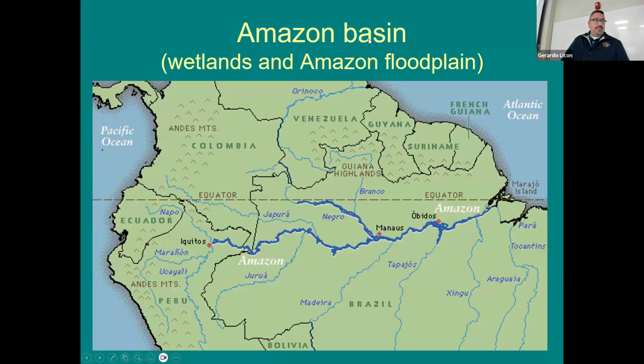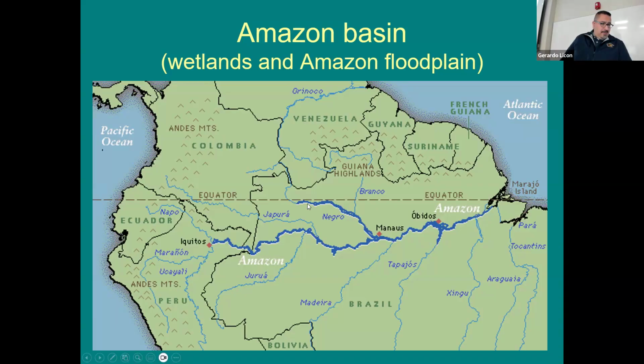South of the Llanos is the Amazon basin. And there are lots of rivers that feed into the Amazon River, and it's all surrounded by the Amazon rainforest. The Amazon River runs east or a little bit northeast.